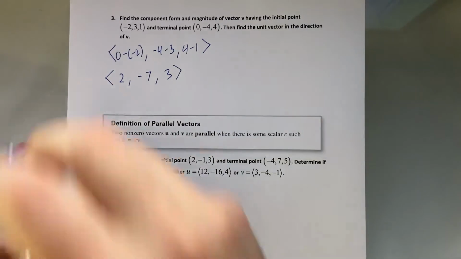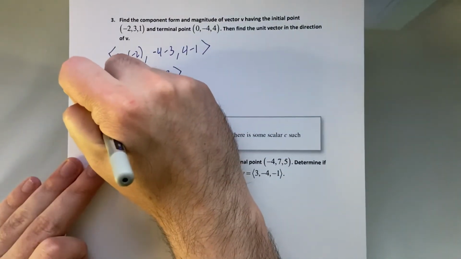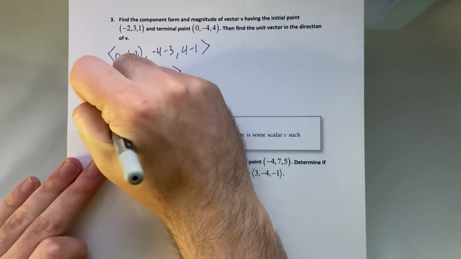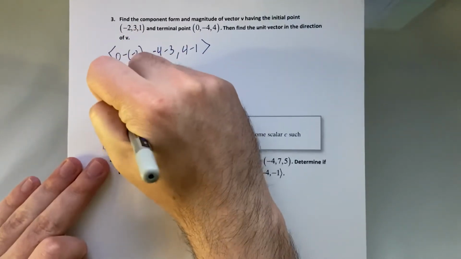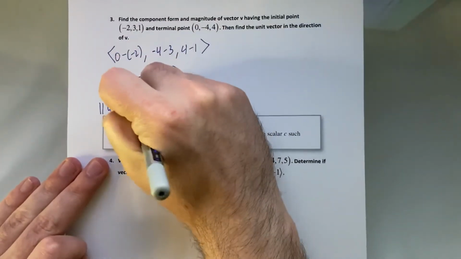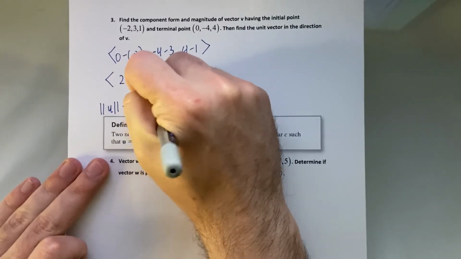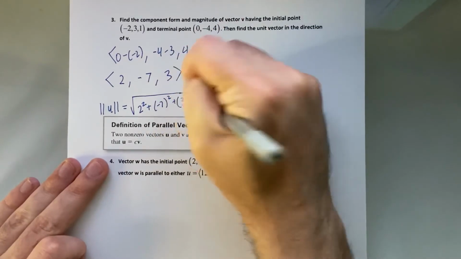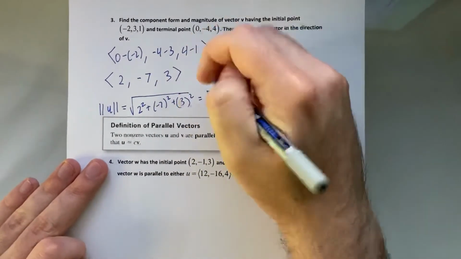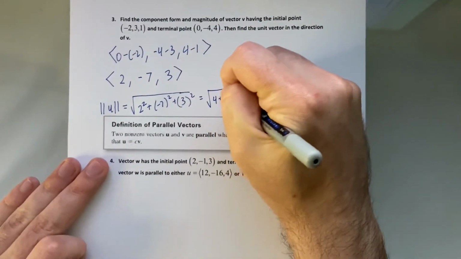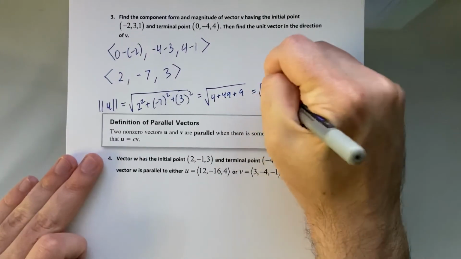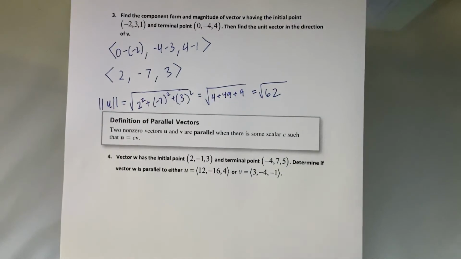To find the length, we'll call this vector u, just because. It's the square root of 2 squared plus -7 squared plus 3 squared, which equals the square root of 4 plus 49 plus 9, which is the square root of 62. So this is the length.